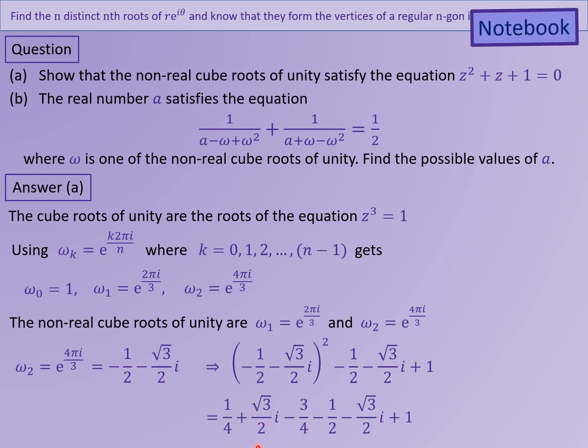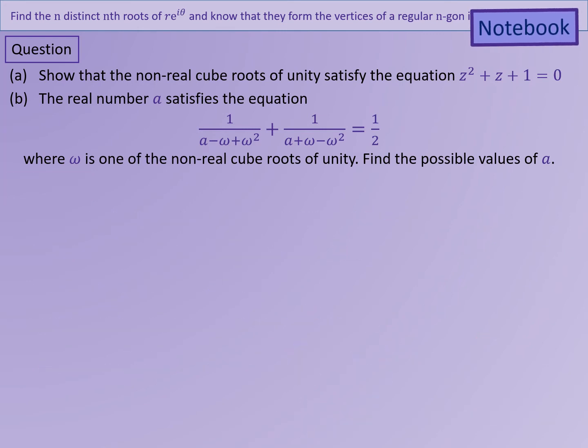So a quarter plus that bit minus that. Those all equal minus 1, but plus 1 makes that 0, and that cancels out. So 0 as required. So I've done part A. I've found the non-real cube roots, which are those 2, and I've checked they satisfy that equation. So that first bit is ticked off. I'm done. Okay, pause if you need to.